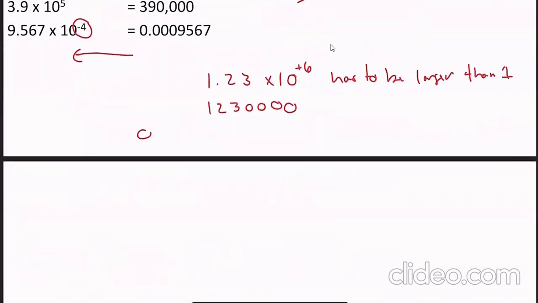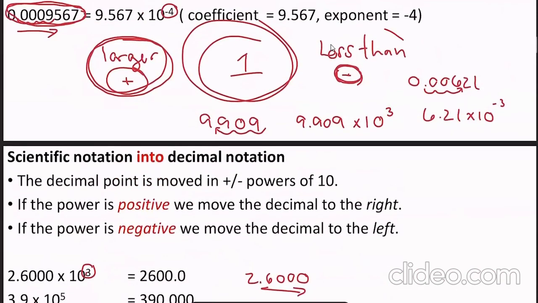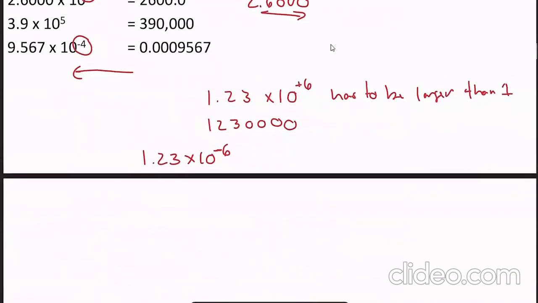We can do the same thing here. Well, it's a negative exponent. And if it's a negative exponent, I know that that value is going to be less than 1.